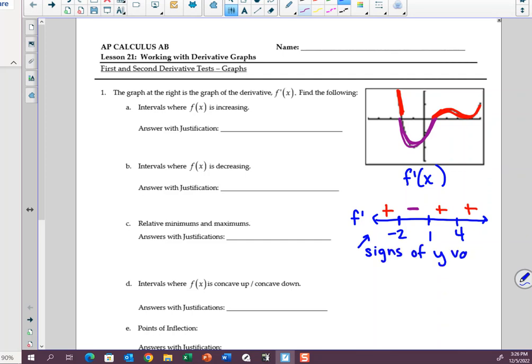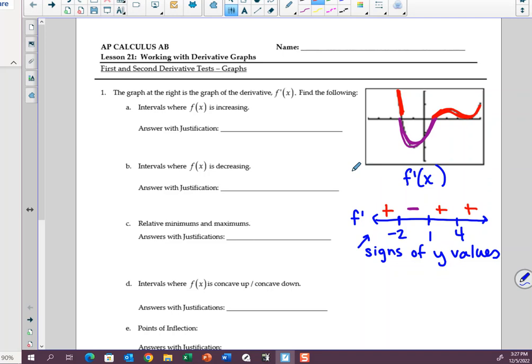If we were looking at a y prime graph, or an f prime graph, whatever, if you're looking at a first derivative graph, then the first derivative positive or negative values are aligned with whether the y values are positive or negative.